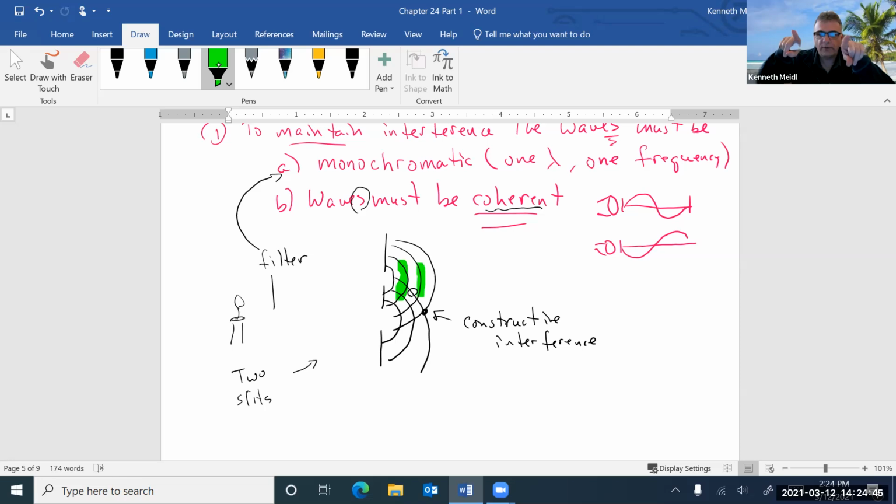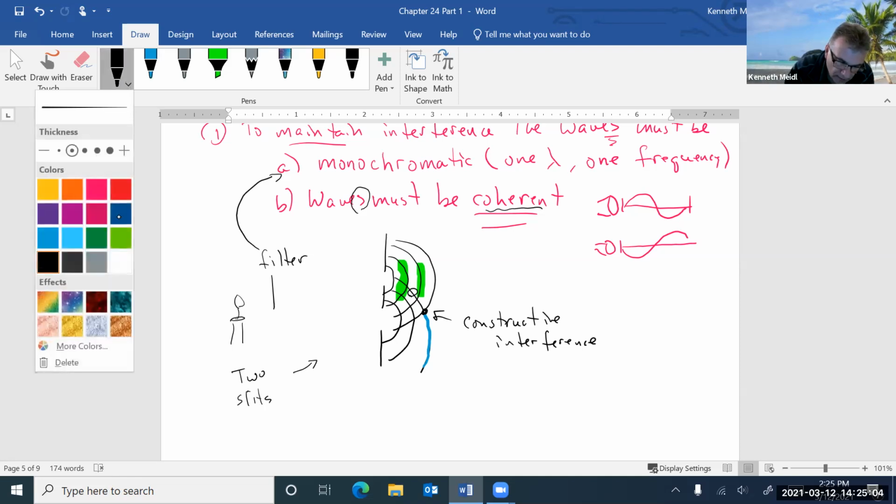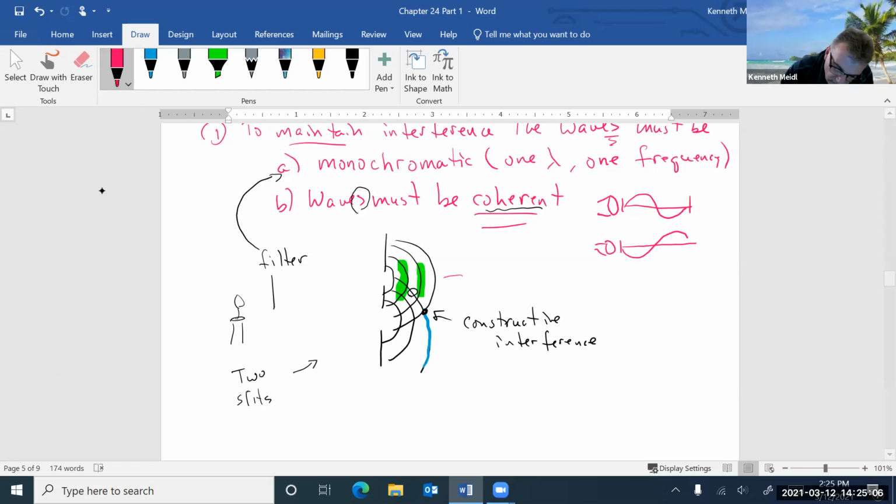So those are the two wave fronts, and I'm right in the middle of those, or pretty close to that. So I'm at the bottom of the wave, but for this wave, I'm at the top of it. So one wave is at the top, one wave is at the bottom. This spot right here then is a spot of destructive interference.